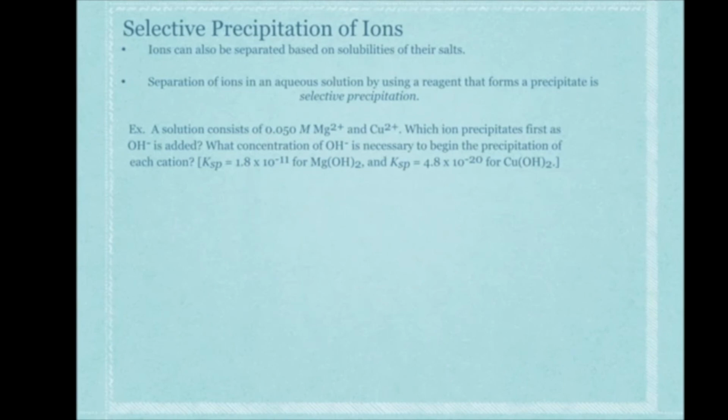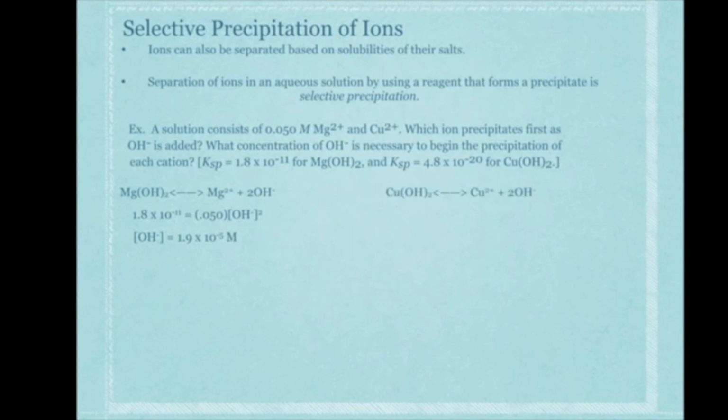So I'm going to first work with magnesium hydroxide, and there is my dissociation reaction right there, and I'm going to calculate my Q. I've got my KSP, 1.8 times 10 to the negative 11th. That's equal to the concentration of magnesium ions times the concentration of hydroxide squared. When I do this, I find that my hydroxide is equal to 1.9 times 10 to the negative 5th.